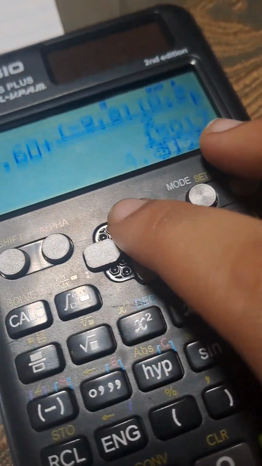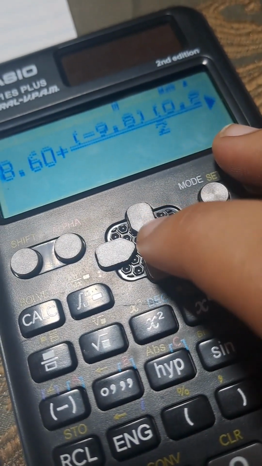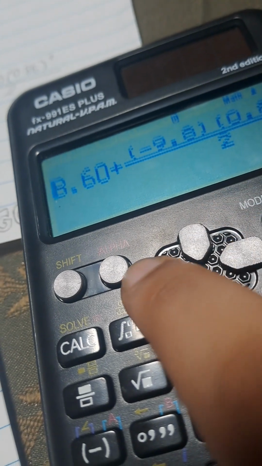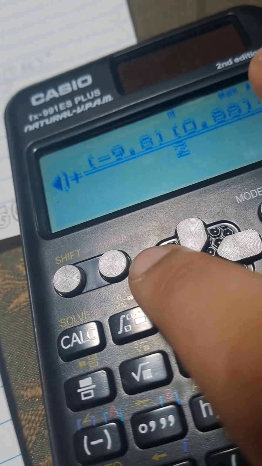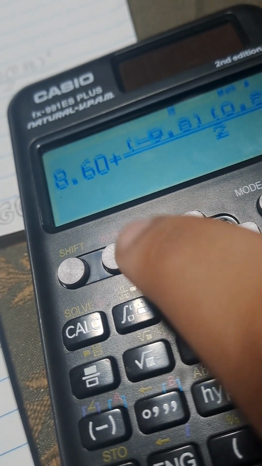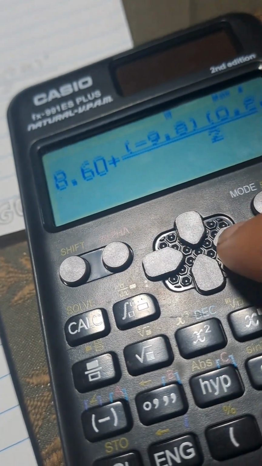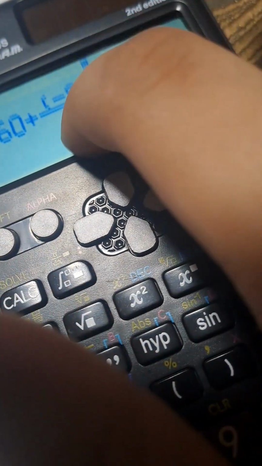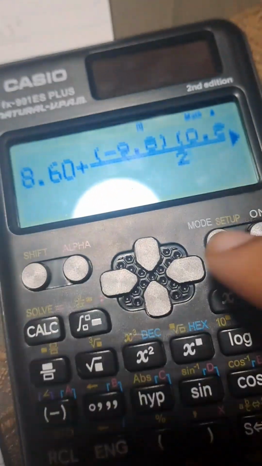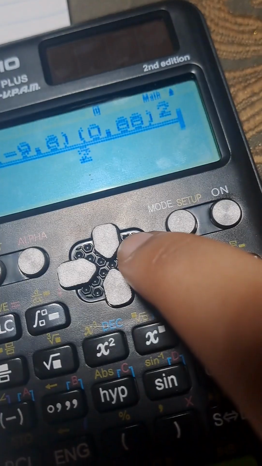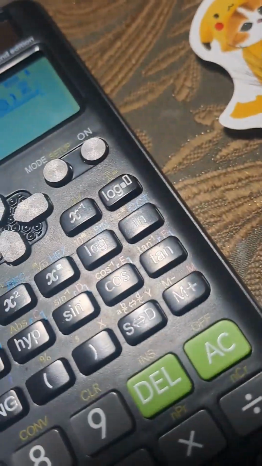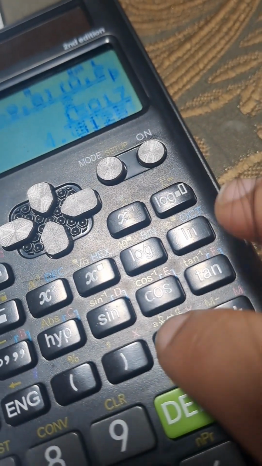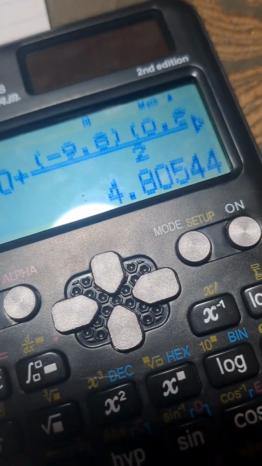You can do this if your calculator does it. Over here, you can start by typing 8.60 plus, you press this one to do this, and then you write negative 9.8 multiplied by 0.88 squared over 2, and then your answer would be 4.81, okay?